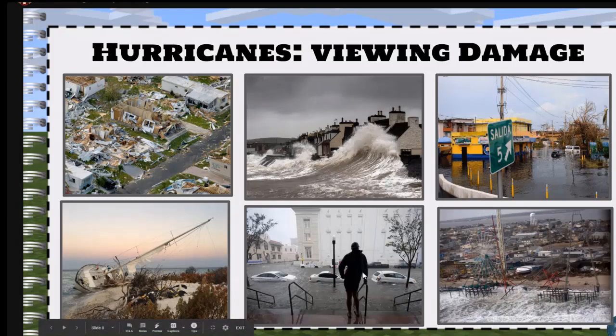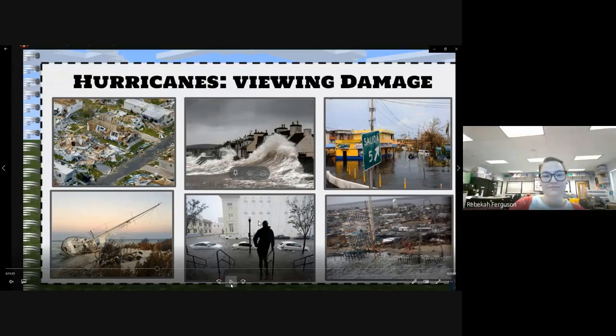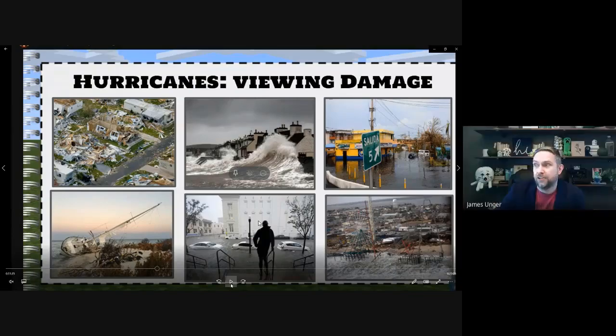Has anyone ever been to any coastal towns after hurricanes or seen anything like that? I'm sure they've probably seen it before on TV and other videos, but it's good for them to see it again, just to keep it fresh in their mind, what they're going to be dealing with in the model that they're going to create. Mm-hmm. Yeah, and what can happen to the structures. Your slideshows are just great.